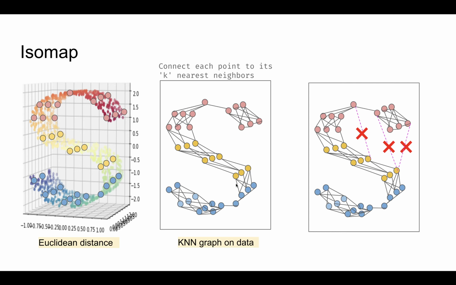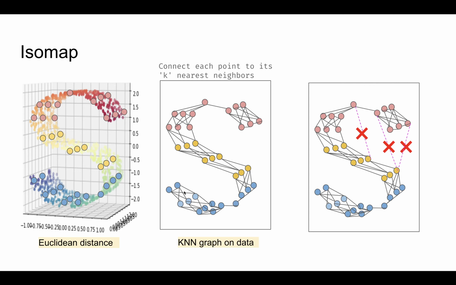I drew this by hand, so it probably is not exact or accurate, but it is just to show that the method first creates a KNN graph as shown here, and then distances are calculated based on this graph.